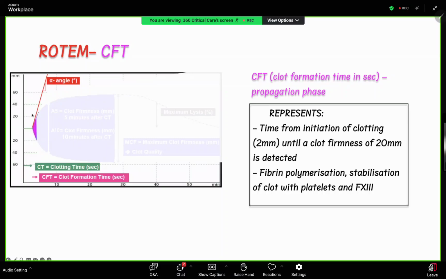So that part is the clot formation time, from 2 millimeter to 20 millimeter. That duration is called the CFT or clot formation time. Again, it represents the fibrin polymerization, stabilization of clot with platelets and factor 13. If there is a deficiency, then the CFT will be prolonged. Usually, it's not clinically important. We don't look at the CFT usually.